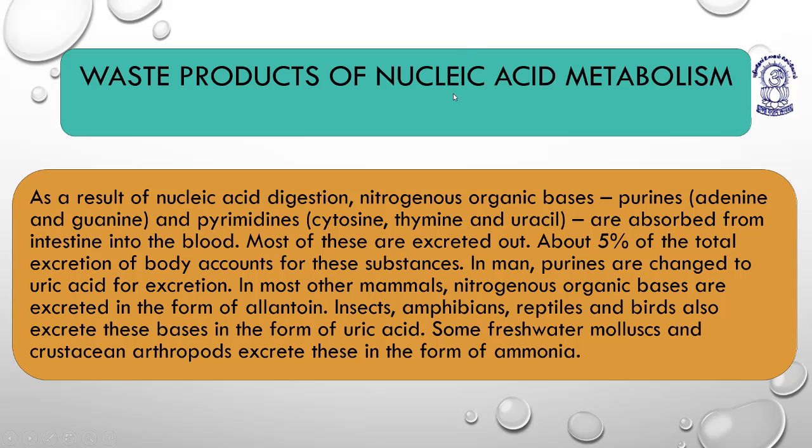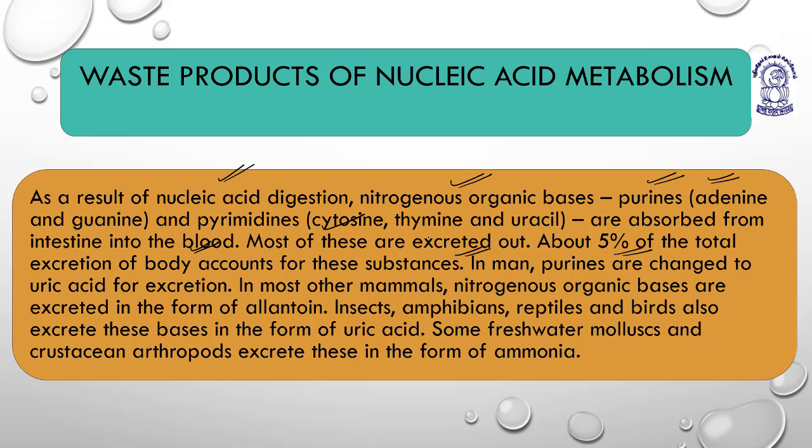Now comes the waste products of nucleic acid metabolism. As a result of nucleic acid digestion, nitrogenous organic bases like purines, adenine and guanine, and pyrimidines, cytosine, thymine and uracil are absorbed from the intestine into the blood. Most of these are excreted out.